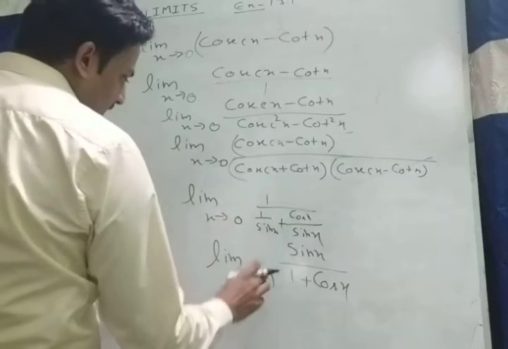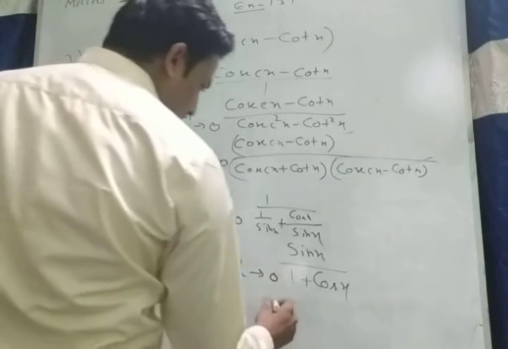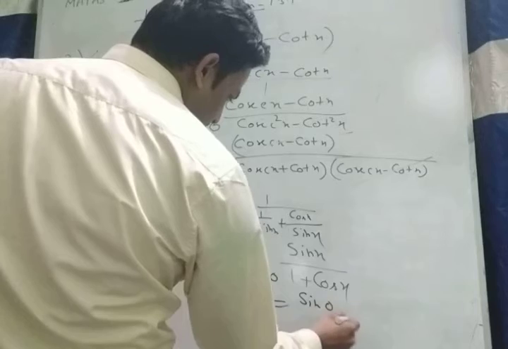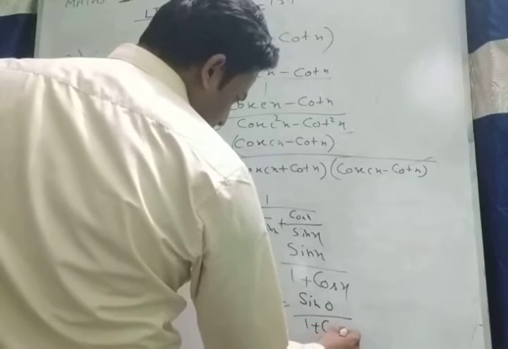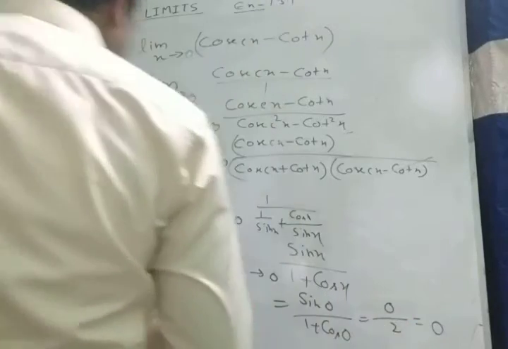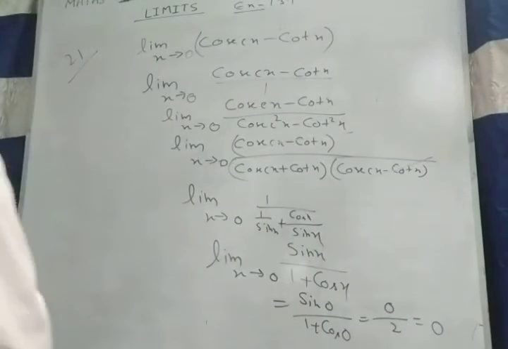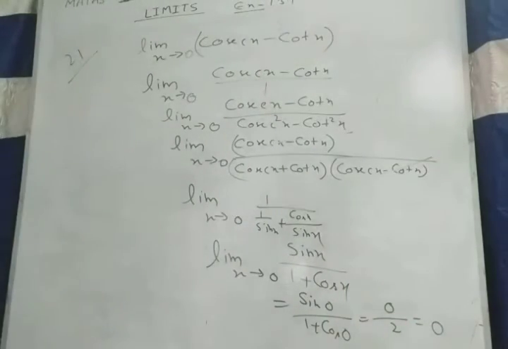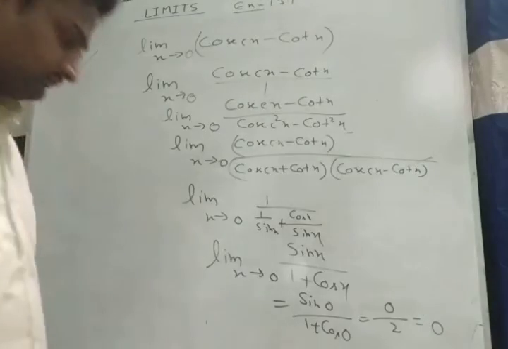Now put the value of limit, it is sin 0 by 1 plus cos 0. So 0 by 2 is equal to 0. Okay. Now we will see the next question.